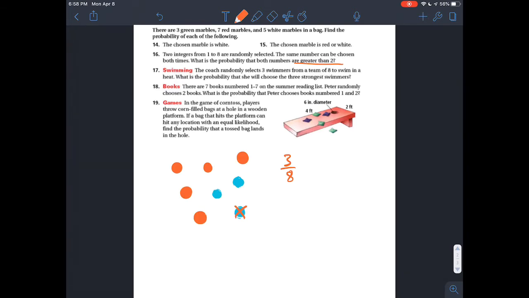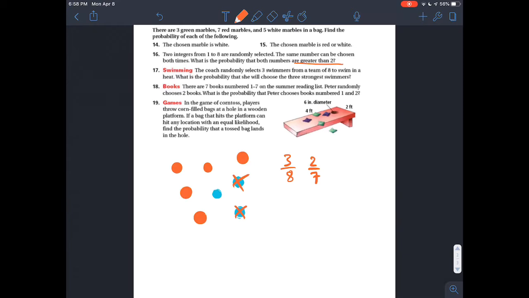Out of the remaining 7 swimmers, what is the probability that the coach chooses one of the 2 blue fast swimmers? Well, there's 2 blue ones out of 7 remaining. So we'd have 2 over 7. Okay, so we have another one gone. And then lastly, we have 6 remaining swimmers and only one of them is a strong swimmer.